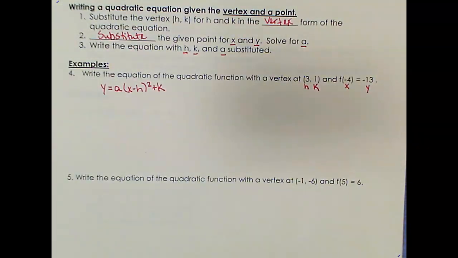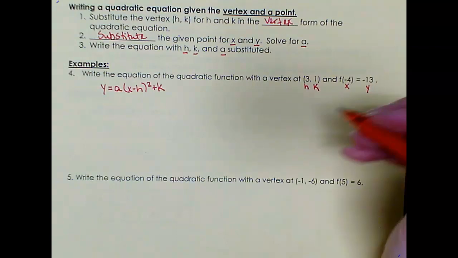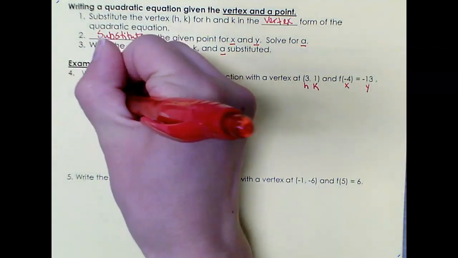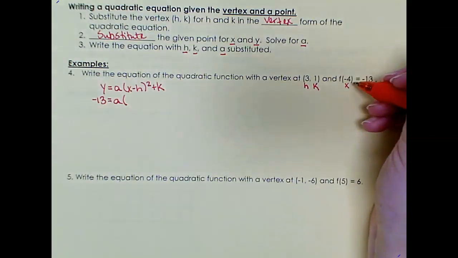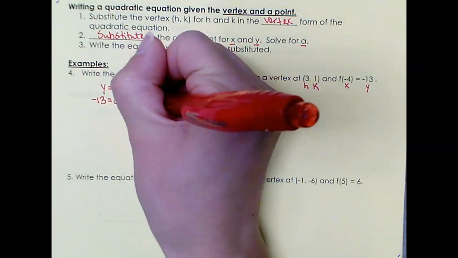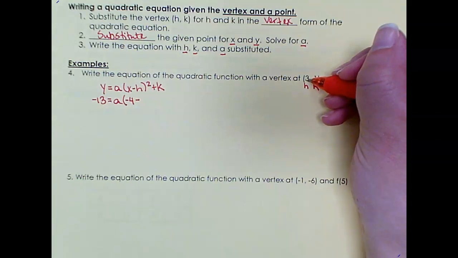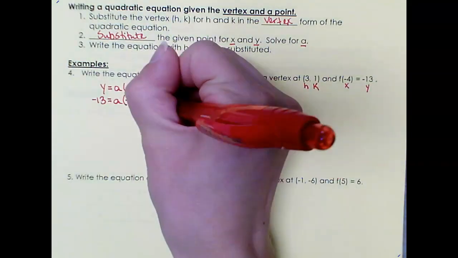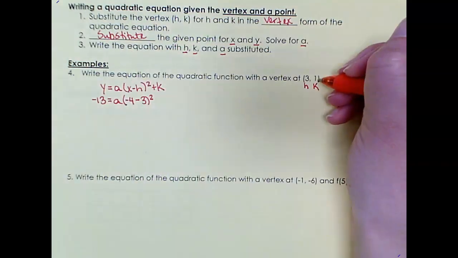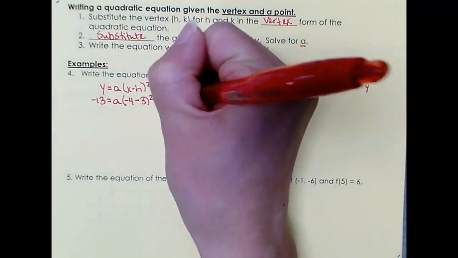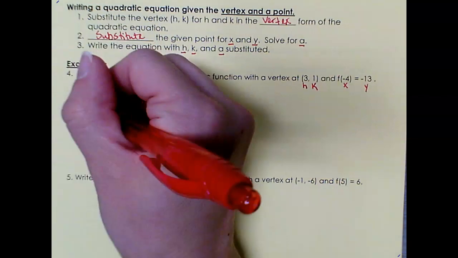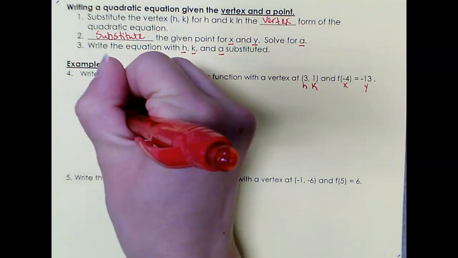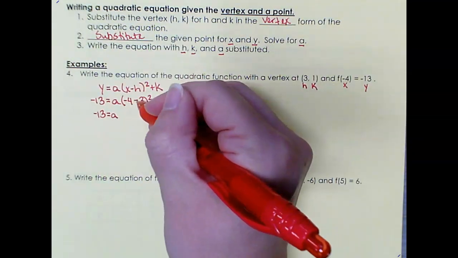Substitute your values that you know. So the y value is negative 13. A is unknown, we've got to solve for it. x is negative 4. Minus h is 3, squared, and then plus k, which is 1. All right, PEMDAS tells us to do what's in parentheses first. So inside parentheses, we have negative 4 minus 3 more.